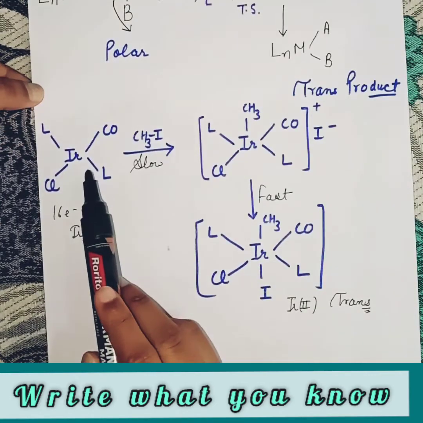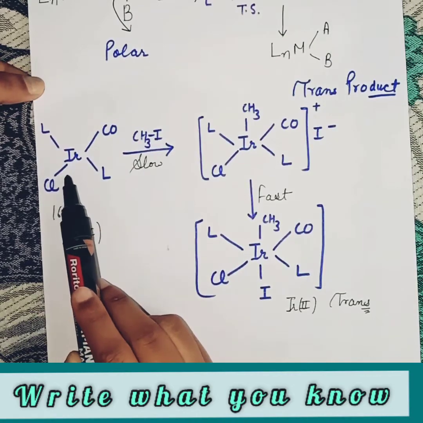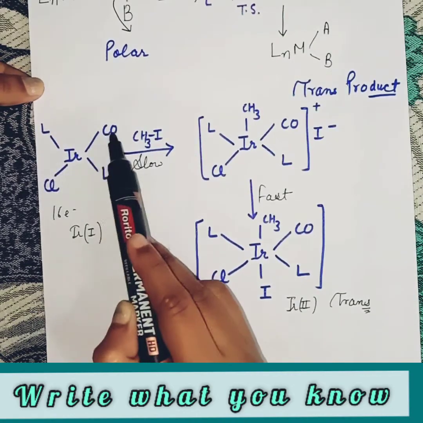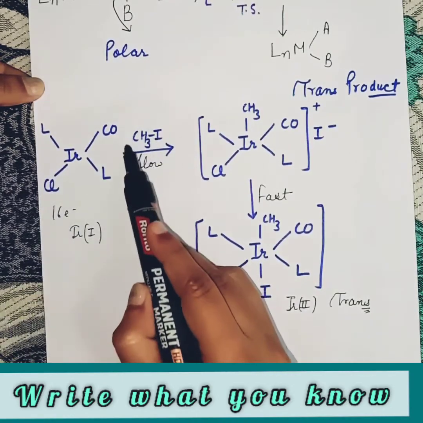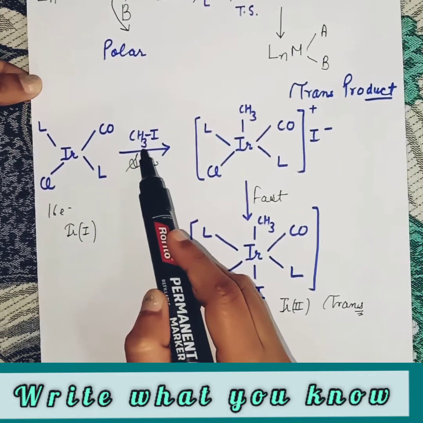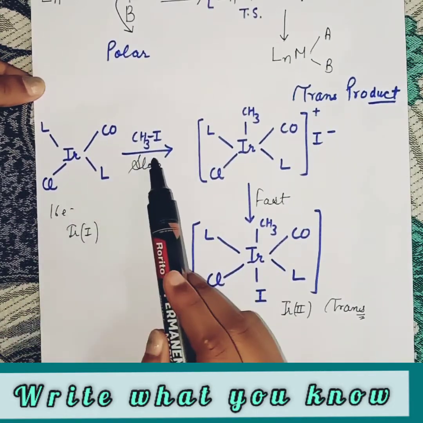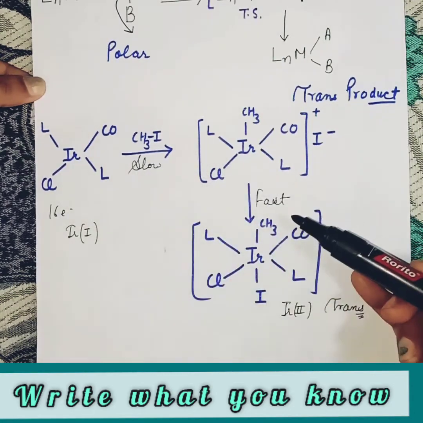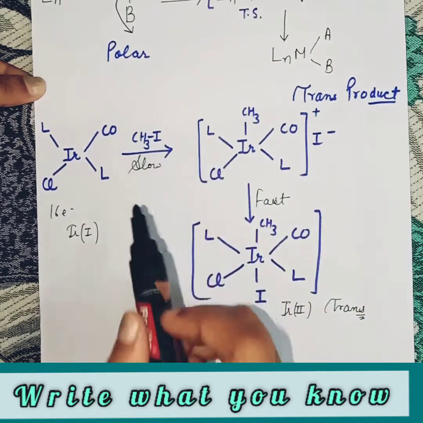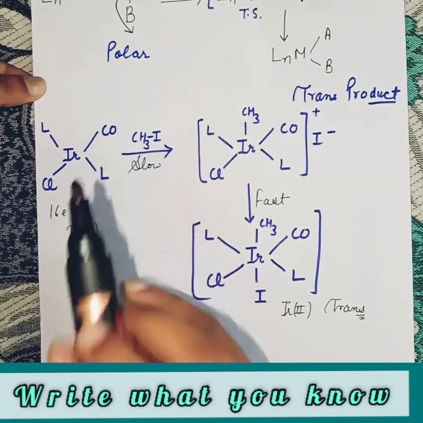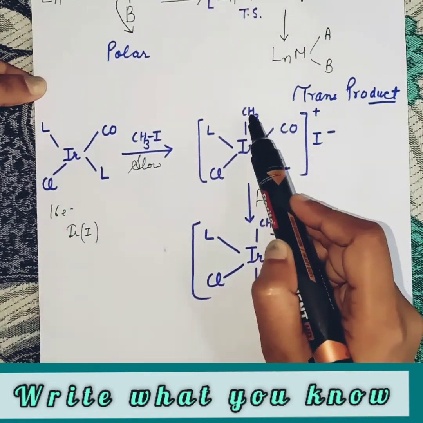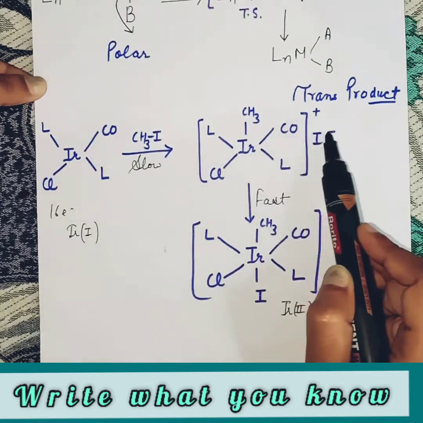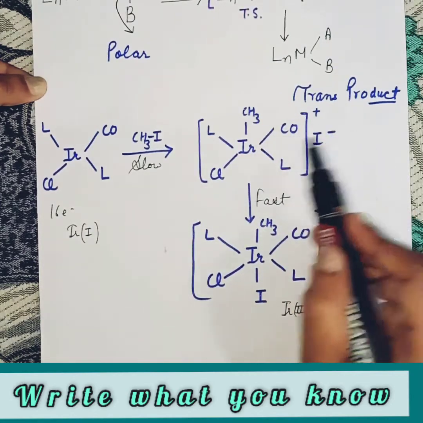Let's see an example. This is an iridium complex with L ligand, CO, Cl, and then addition of CH3I, which is a polar group, guys. So the addition is trans. The first step is slow and the second is a fast step. In the slow step, the CH3 first gets attached to the iridium, giving this transition state.